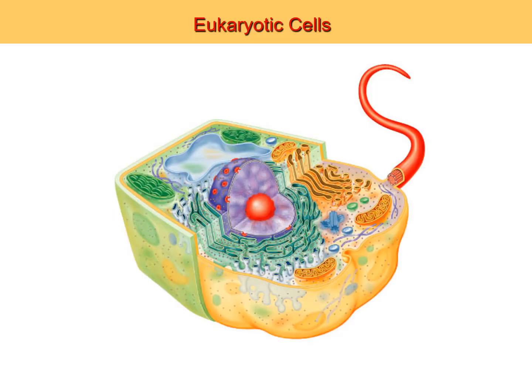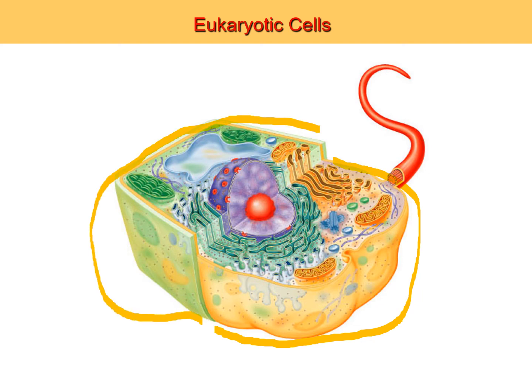This is a diagram of a sort of generic cell. On the right side of the figure is an animal cell, and in the left half is a plant cell. I know that because I can recognize it from the internal organelles that are shown.